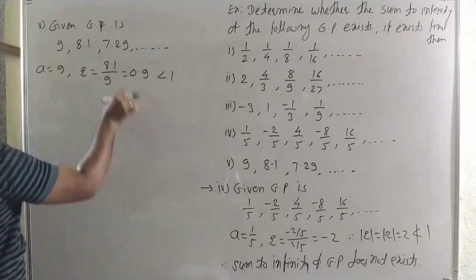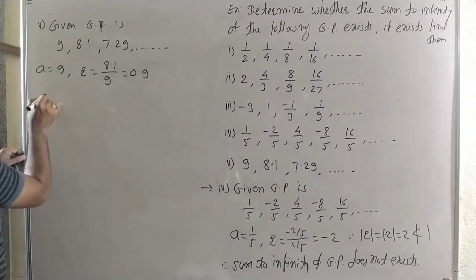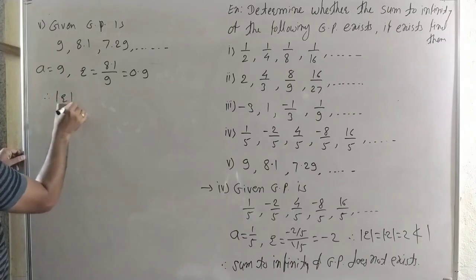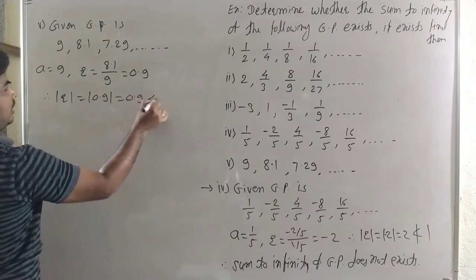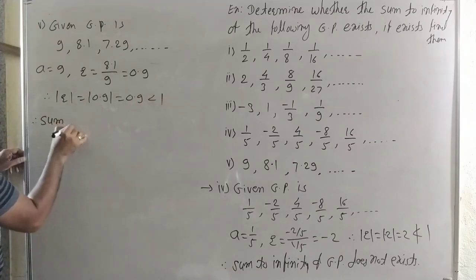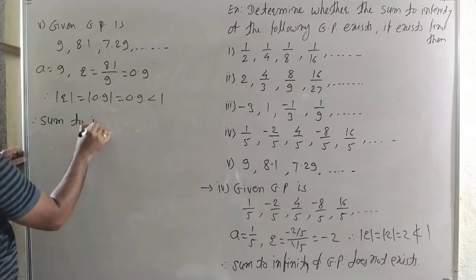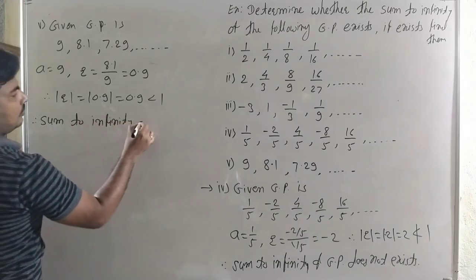That means mod R is less than 1. Therefore mod R is 0.9, which is less than 1. Therefore the sum to infinity exists.